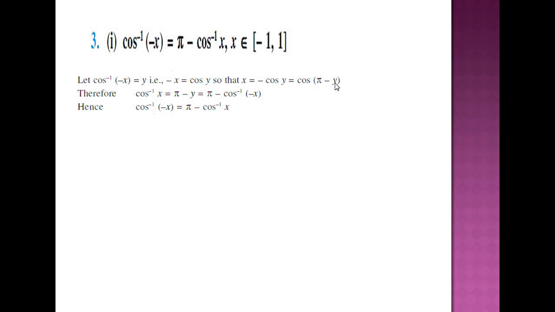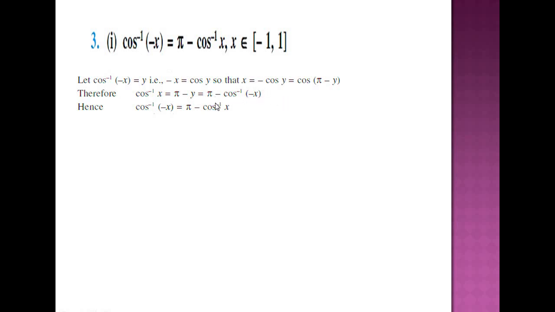Therefore I can write cos inverse of x as nothing but pi minus y. Write pi as it is, minus as it is, but replace y by what you had taken. What you had taken? y as cos inverse of minus x.